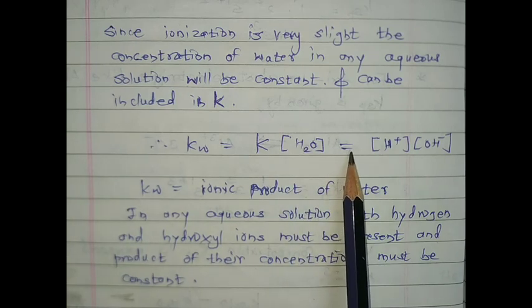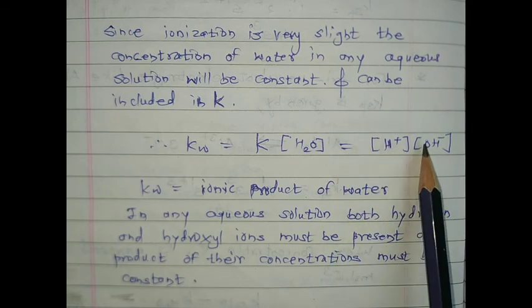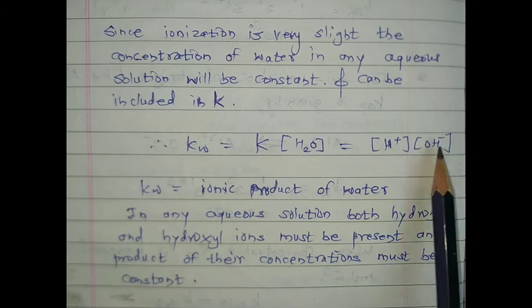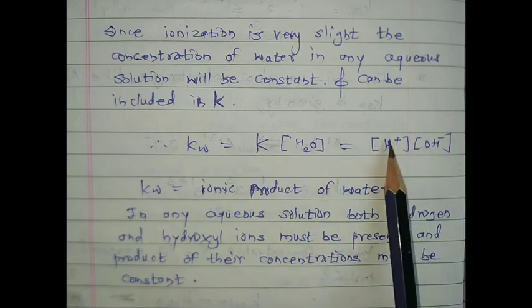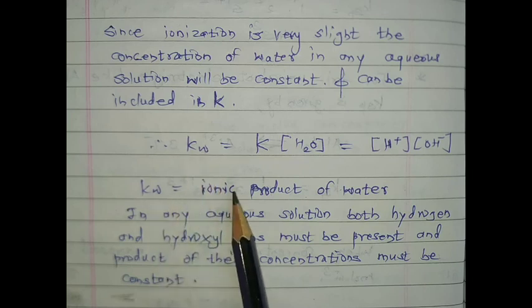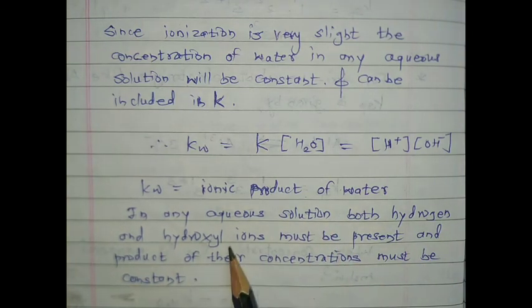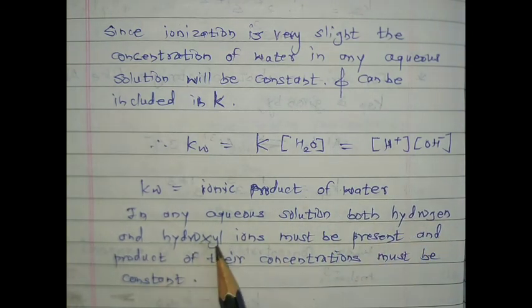We represent only the product of concentration of H plus and OH minus. Therefore this concentration product is equal to the ionic product of water. So Kw equal to ionic product of water means in any aqueous solution both hydrogen ion, H plus, and hydroxyl ion, OH minus, must be present, and the product of their concentration must be constant, and that is called the ionic product of water.